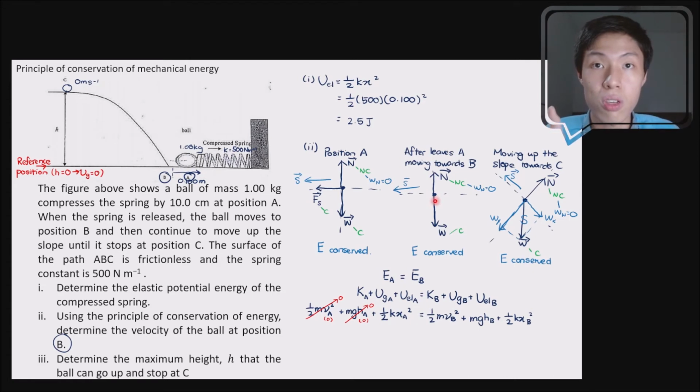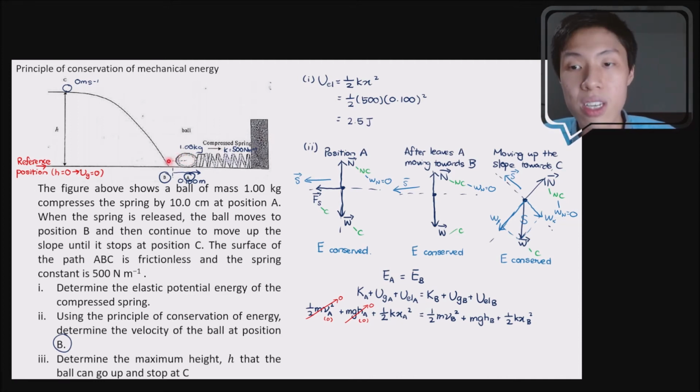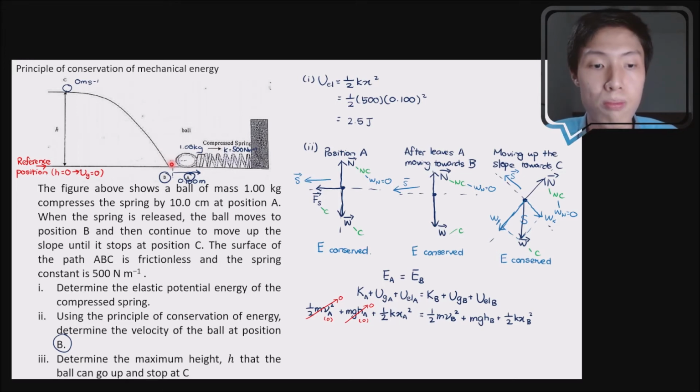When there is 0 total work done, you should expect the ball to have no change in kinetic energy. So if the ball is moving with a certain speed, it will remain at that speed. Since there will be a velocity and we are interested to find the velocity, we have to leave this term here because we want to find an answer from this term.